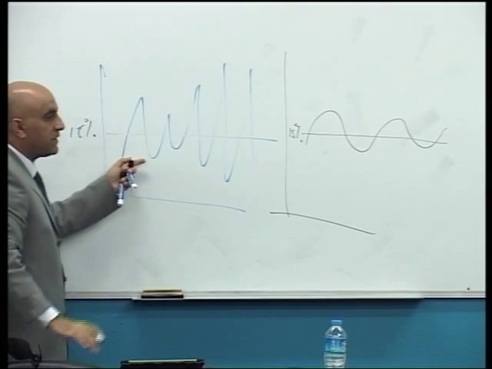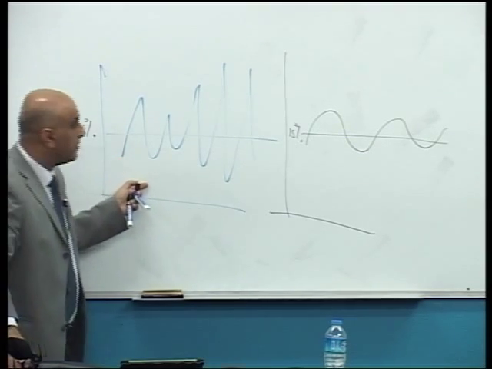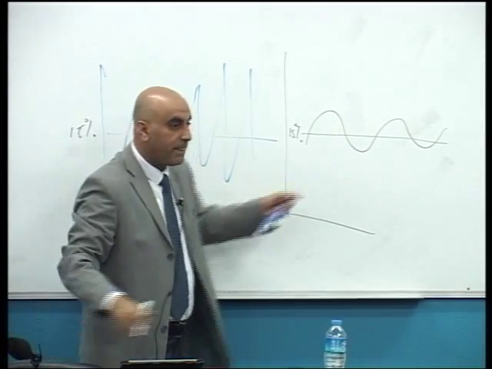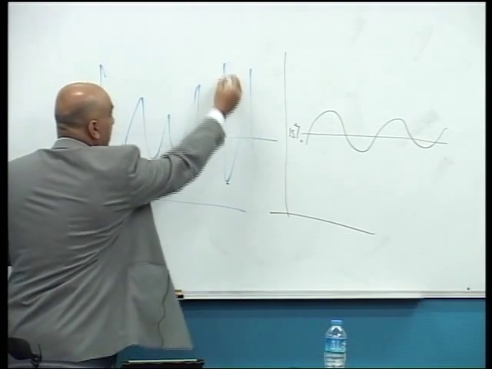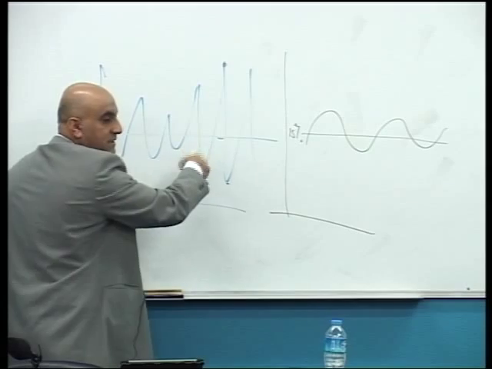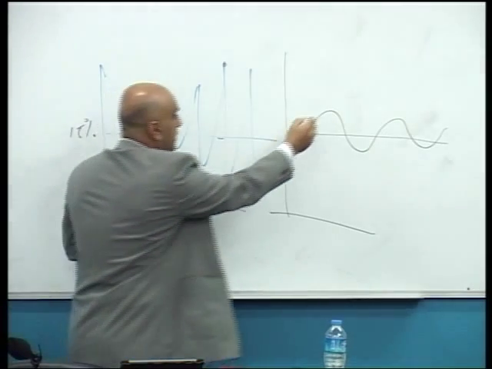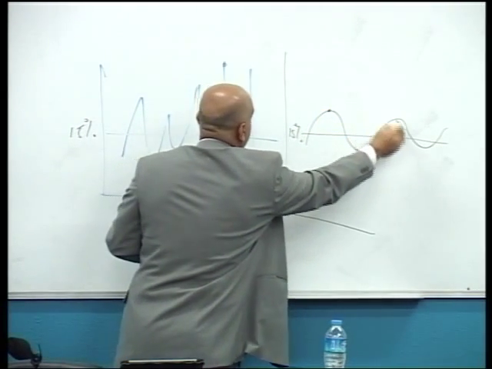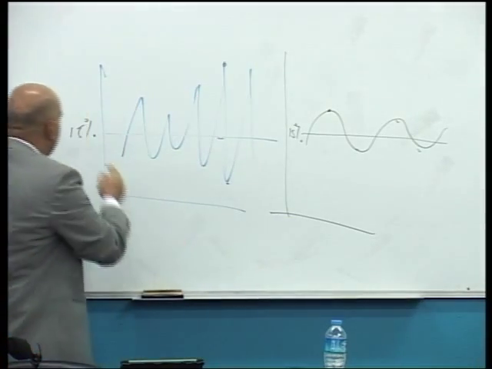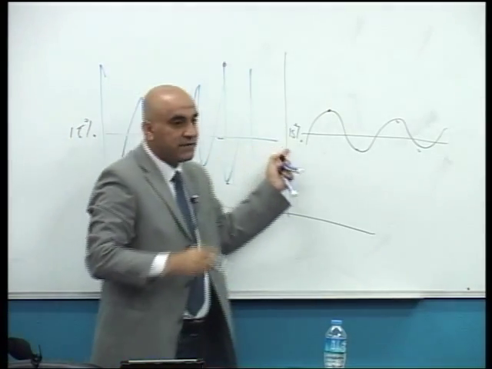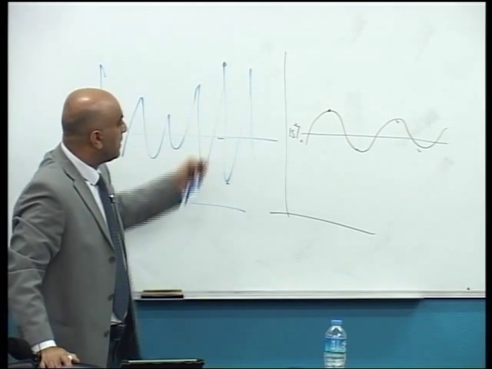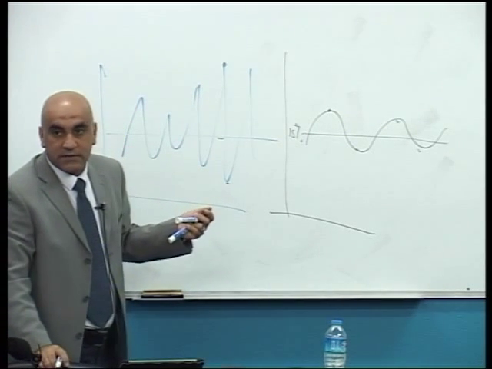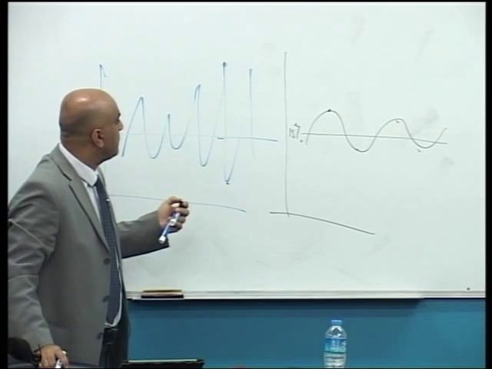And this stock is highly fluctuated relative to this one. Why? Because the observations are far away from its average. But the observations here are not far away from its average. So the average could be the same, but the dispersion or the variation is different.